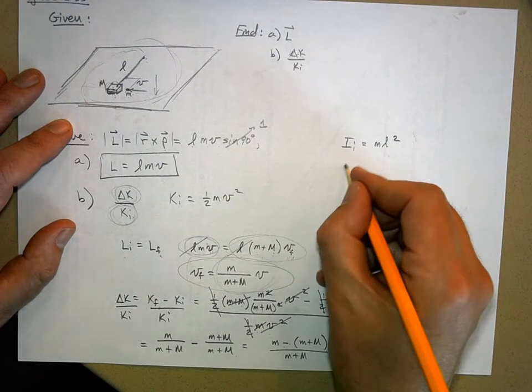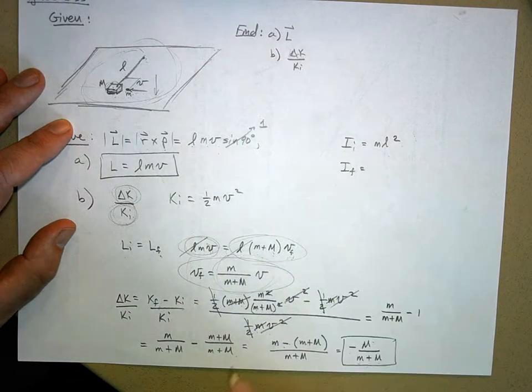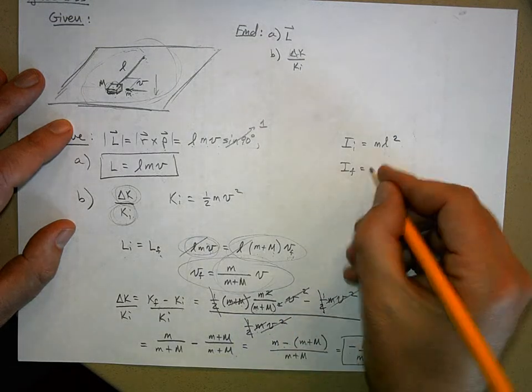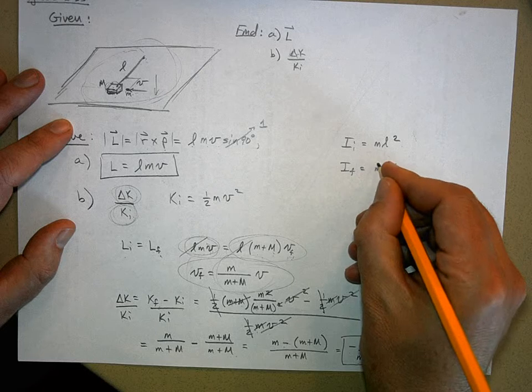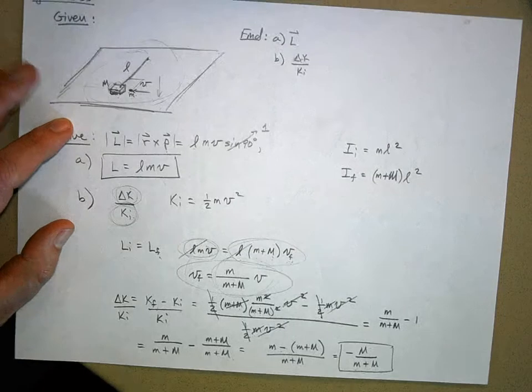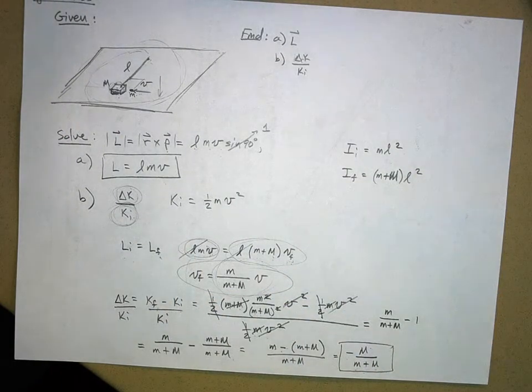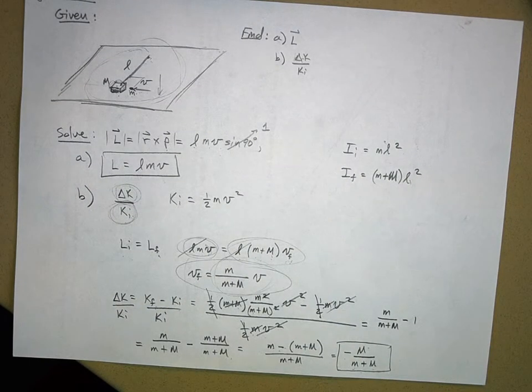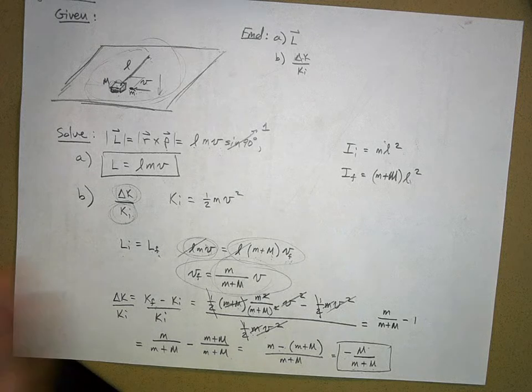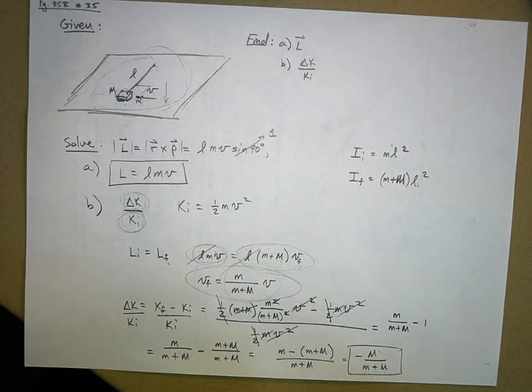The final is going to be m plus big M, L squared. And so when you do it in terms of rotational kinetic energy, the L squareds cancel out. And the math turns into the same thing.